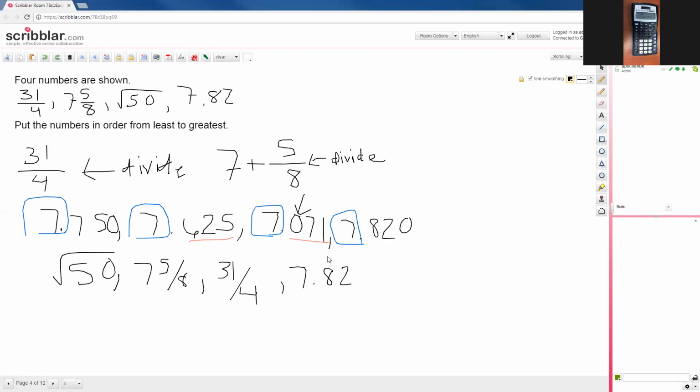And the advantage of doing that is now you can just think of these decimals as regular numbers. If we have 750, 625, 71, because it's 071, and 820, we know which one's smallest out of that list. So if you can kind of take it out of decimal format, that's one strategy to get them in the correct order.